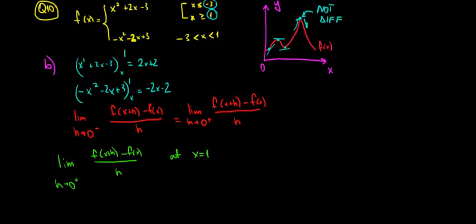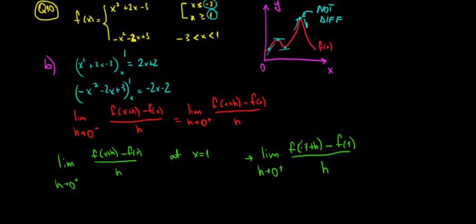So what does that mean? That means that at x equals 1 we'll substitute 1 into x. So we would have now the limit as h approaches 0 from the positive side of f of 1 plus h minus f of 1 divided by h.